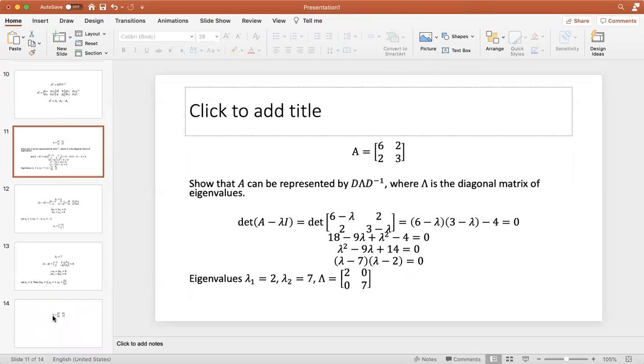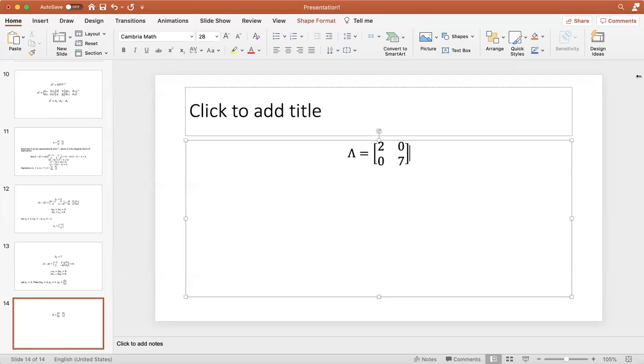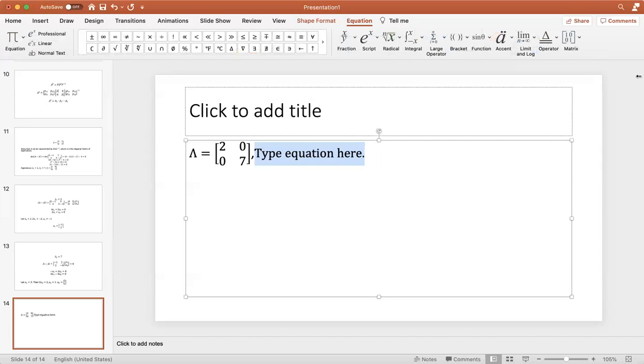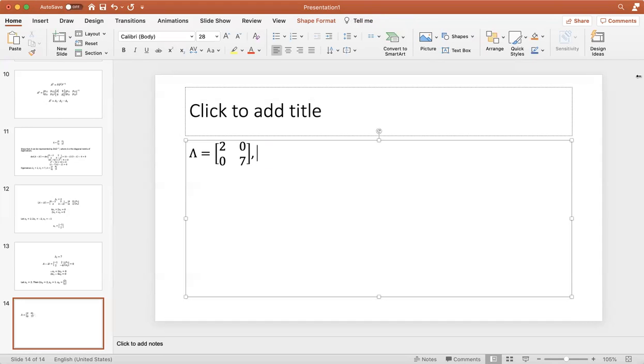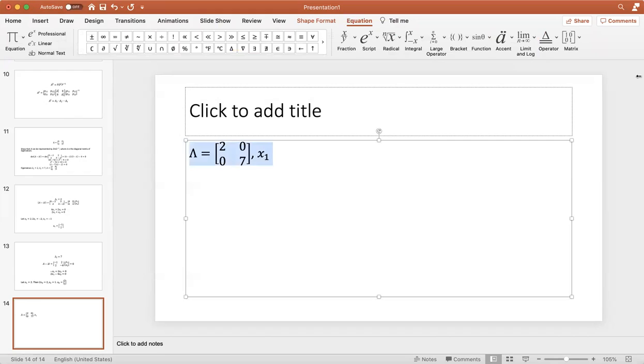As noted here, our first eigenvector x1 is equal to this vector, so -1 and 2.